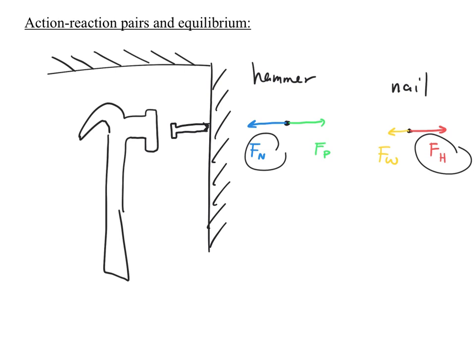Valentina: do the force of the hammer and the force of the wall form an action-reaction pair, or did you say no? You're talking about these two right here? Yeah, those do not have a third-law pair. Let's think about this for a second. The wall is providing this response because it's a rigid member.